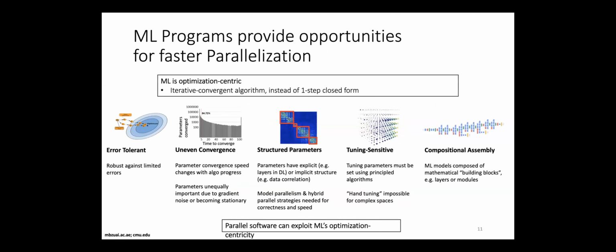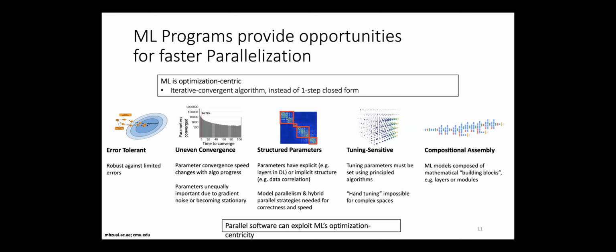Now, when we think about parallelization for these machine learning or artificial intelligence programs, the fact that they are optimization programs, iterative convergent, meaning that they iterate until a stopping criterion instead of having a one-step closed form, means that we have several properties that have been historically exploited throughout the history of trying to train larger and larger models.